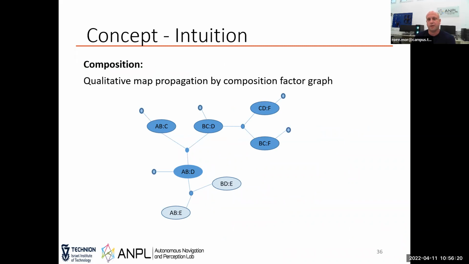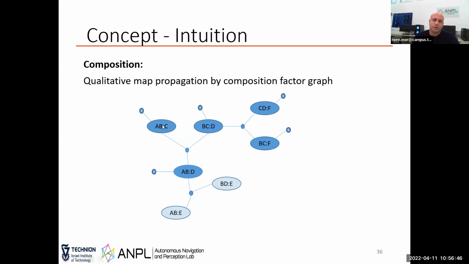So I'll talk about how we code the map. We just use a factor graph. Many of you know about factor graphs. It's a graph with two types of nodes.